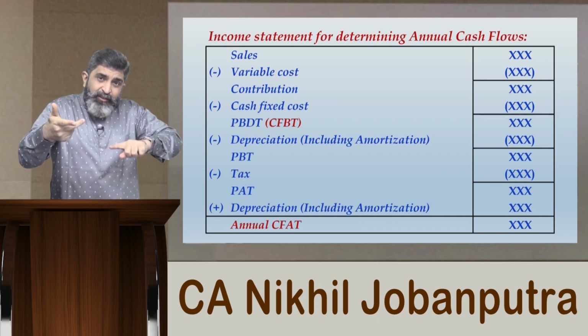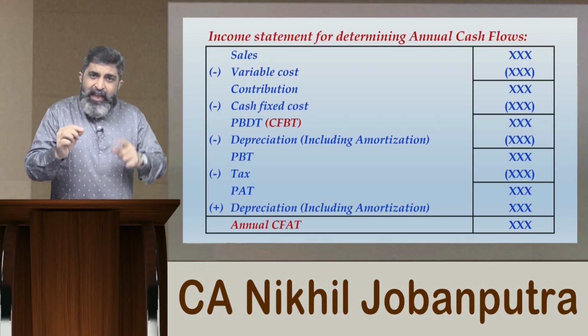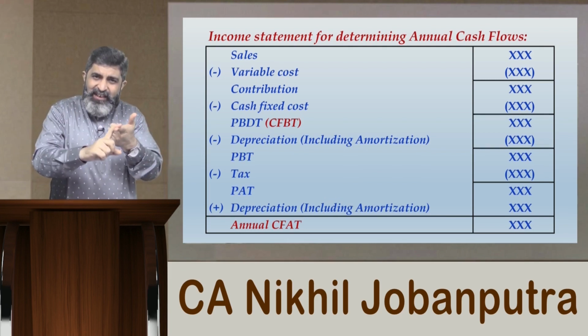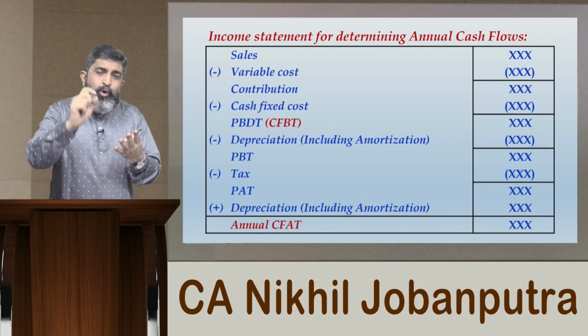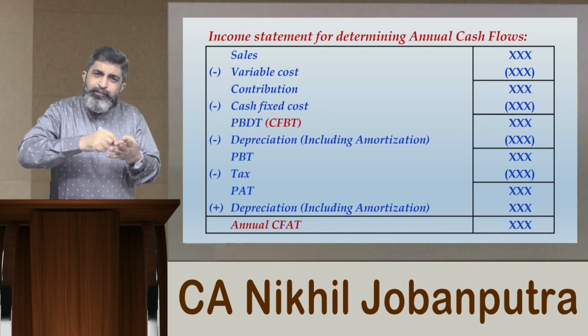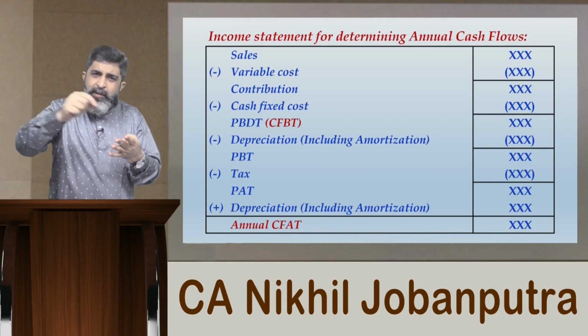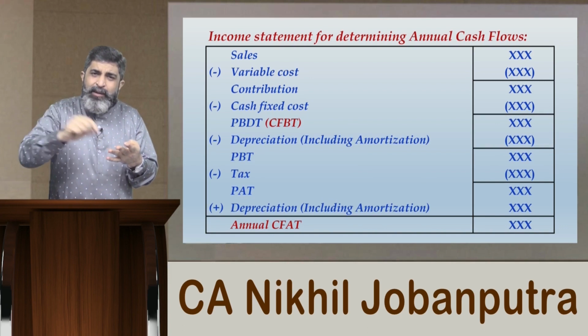I have explained this to you in the previous class along with the journal entries, that every fixed cost like salary, rent, insurance premium, administrative charges. How do you pass journal entries for this? Salary account debit to cash or bank, then insurance premium debit to cash or bank, then administrative charges debit to cash or bank.